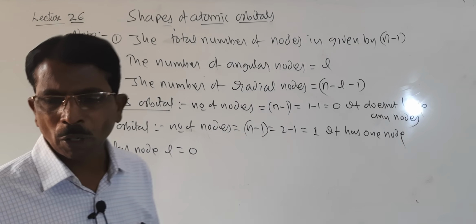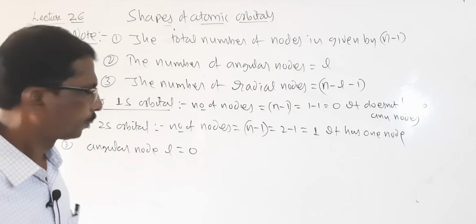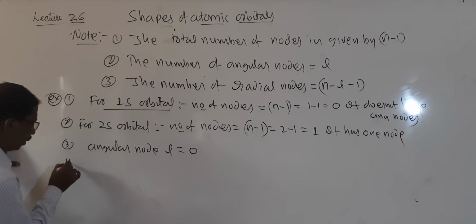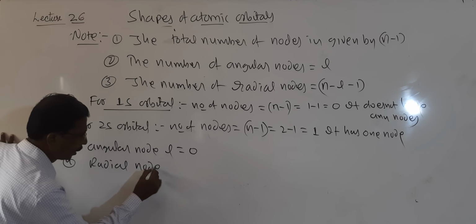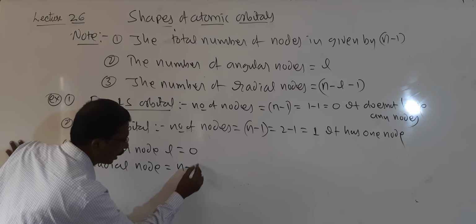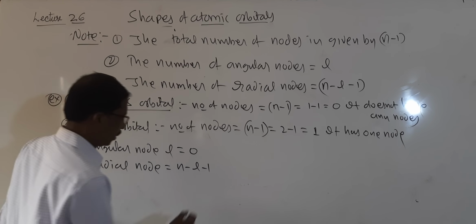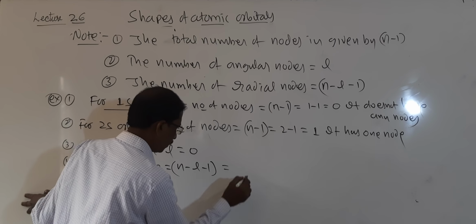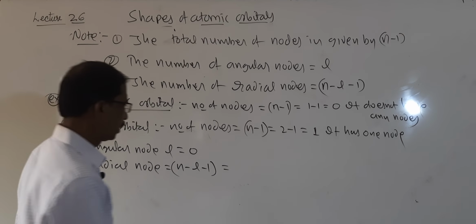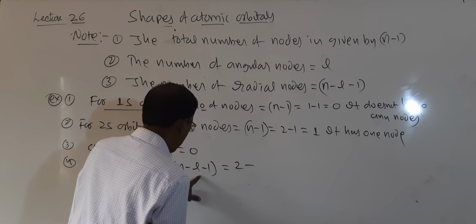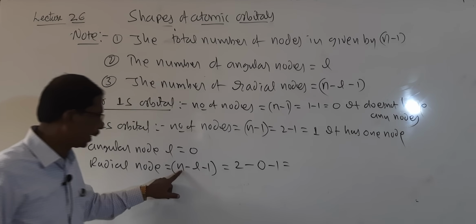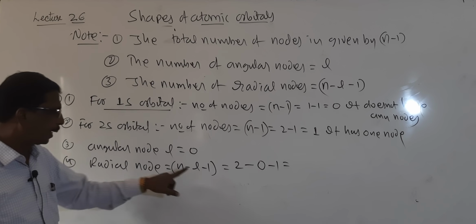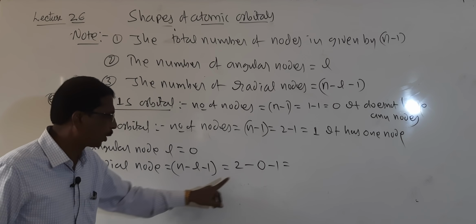Then what about the radial node for 2s? The radial node is n minus L minus 1. Here n is equal to 2, L is equal to 0, and minus 1 as it is.